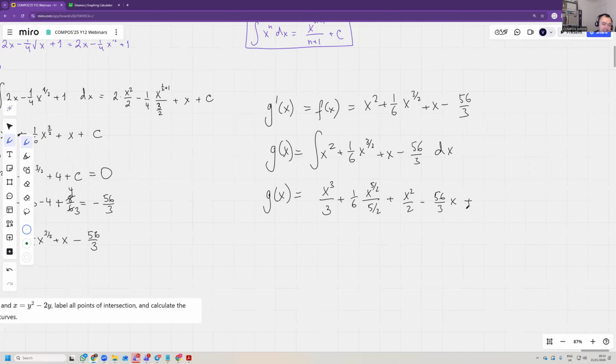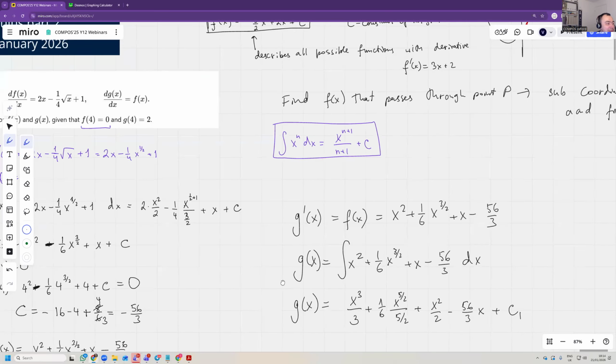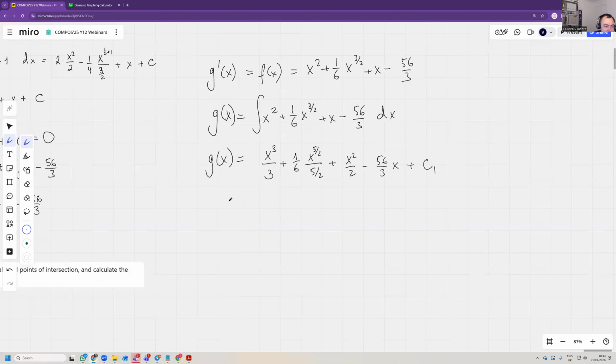I don't really like using other letters like D, because we already used D, and E has a different meaning. So I prefer to stick with C1, for example. I say C1. And here, because I know that g of 4 is 2, that means g of 4, that's just 2. 2 equals 4 cubed, that's 64 thirds.